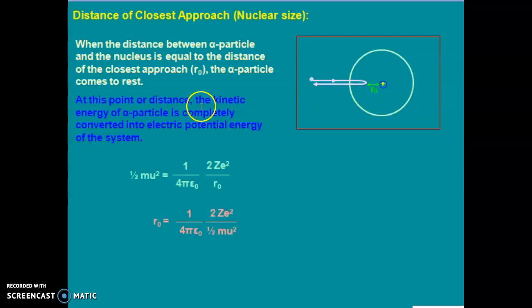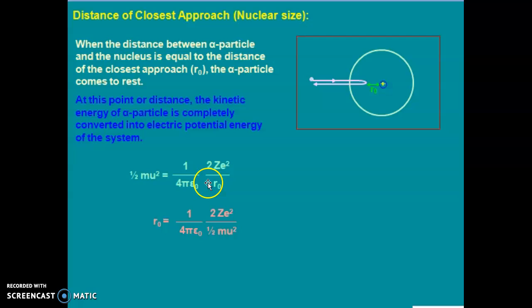At this distance, the kinetic energy of the alpha particle is completely converted into the electrical potential energy of the system. So what is the kinetic energy? That means half mv square equals, this is the formula of electrical potential energy, 1 by 4 pi epsilon naught times 2Ze square upon r naught.